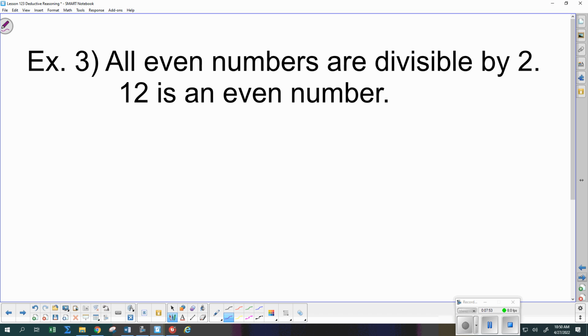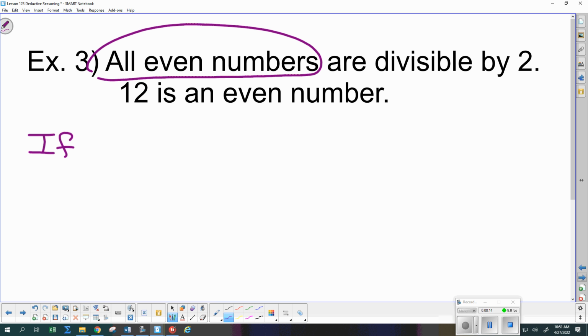Okay, all even numbers are divisible by 2. Does that specifically say if and then? No. So Charlene, could you suggest how we might rewrite that with if and then? So they're talking about, you've got this first. So how could we write that with an if statement? Excellent.